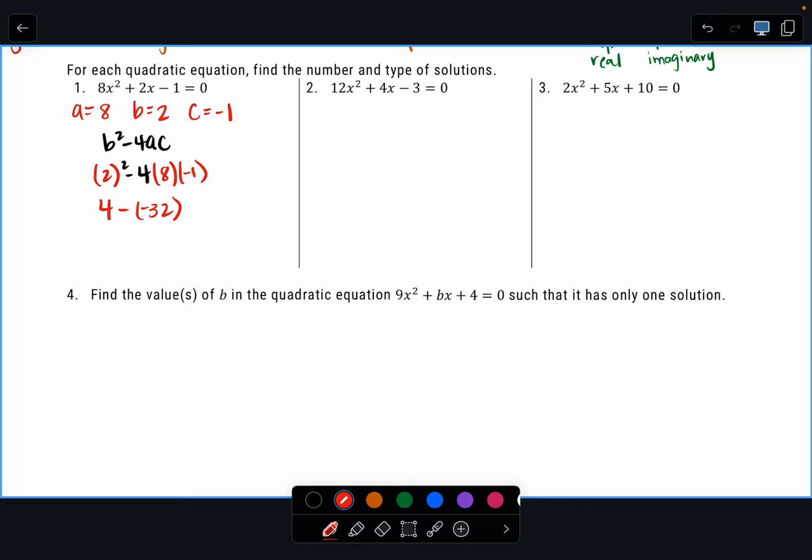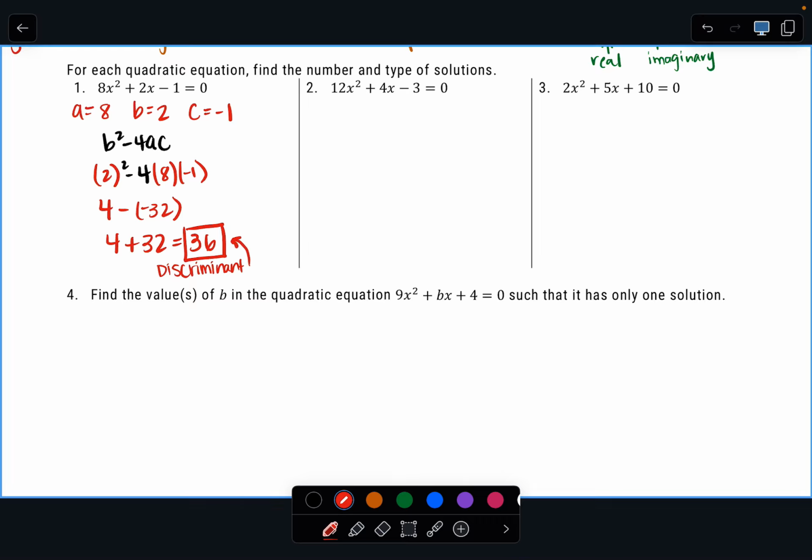What happens when you have 2 negatives? You add them together, it becomes positive. This is why I said it's really, really important you pay attention to your signs. So what is 4 plus 32? 36. Now, this is my discriminant, but that doesn't necessarily answer the question of how many solutions we have and what type. If I had a question that asked me, what is the discriminant, that would be this number, 36.